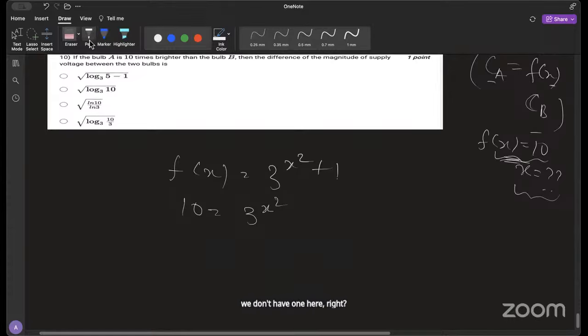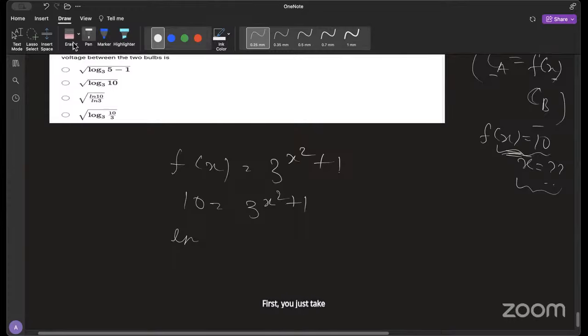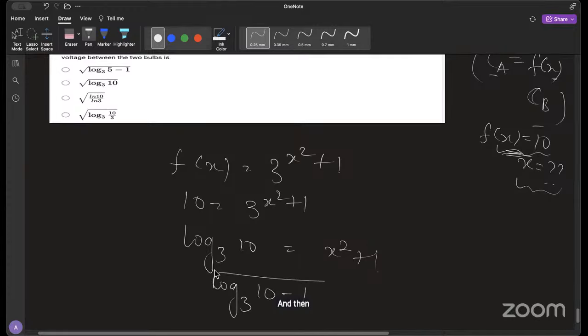It's in the power. First, you just take log base 3 on both sides. So you'll get log base 3 of x squared plus 1. And then you will have log base 3, 10 minus 1. And then the square root, right?